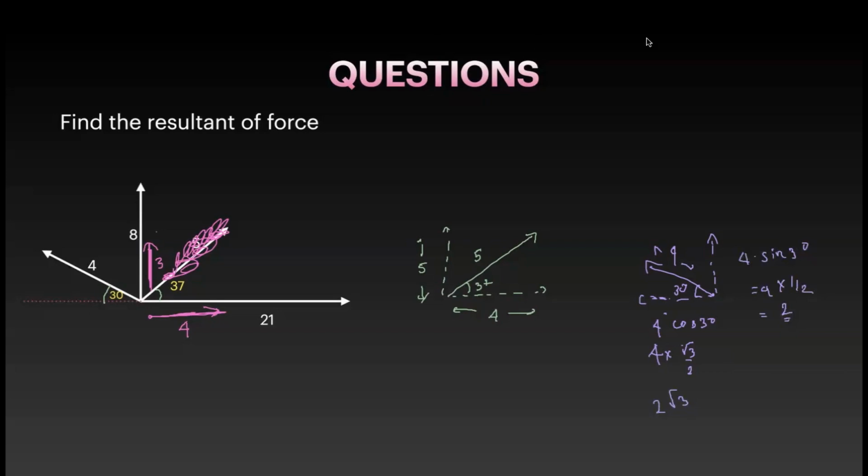So basically I can write this as, in this direction, 2 root 3, and this vector is in this direction with magnitude 2. And what about this vector?